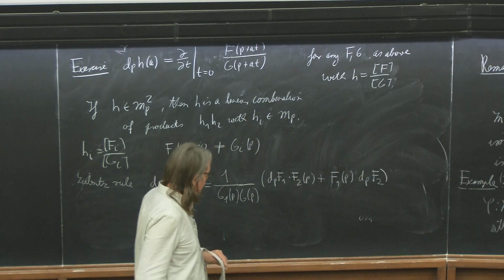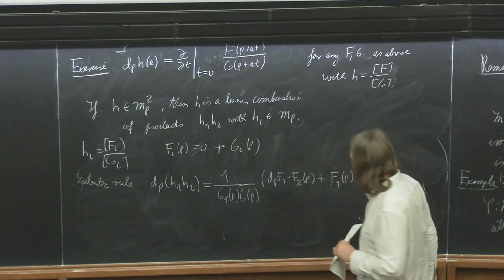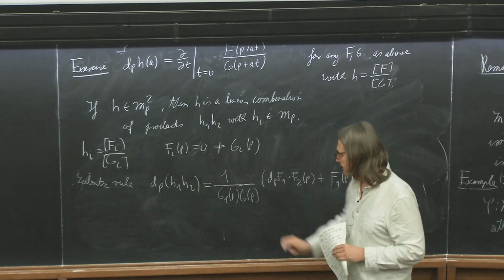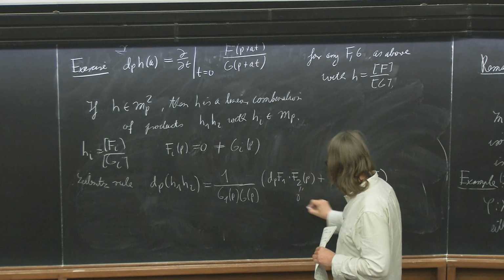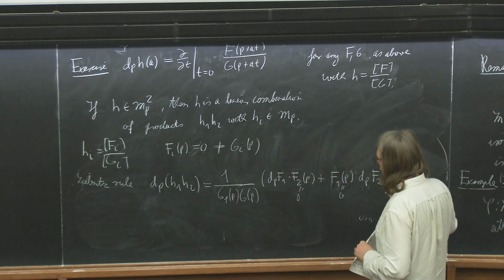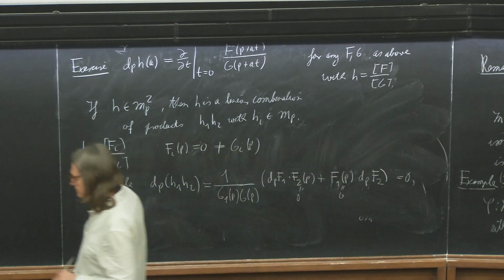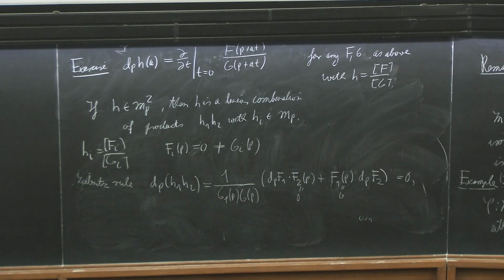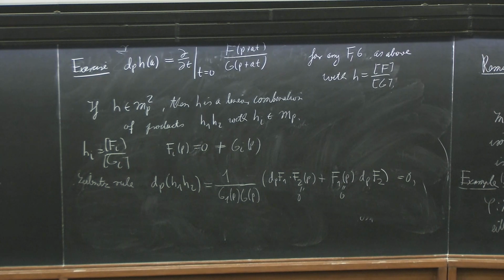And remember that the fi of p are equal to 0, so these are all 0. So this is 0. Thus we see that this map indeed vanishes on mp squared.